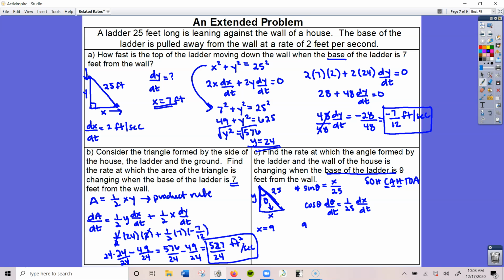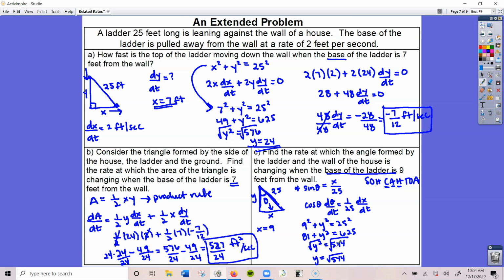So 9 squared plus y squared is equal to 25 squared. 9 squared is 81 plus y squared is equal to 625. And when we subtract, we get y squared is equal to 544. And then when we take the square root, we get that y is equal to the square root of 544.